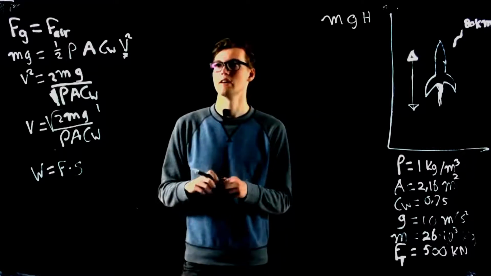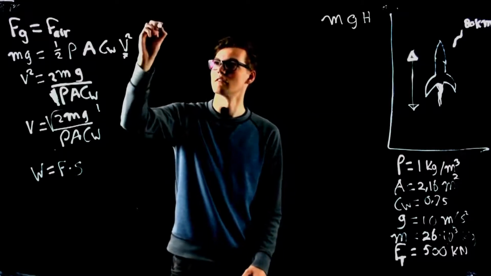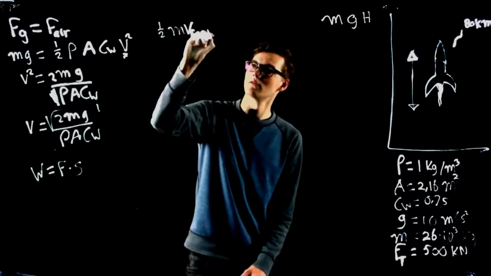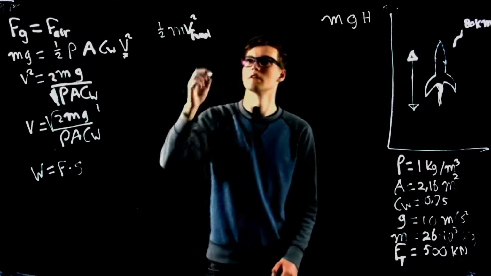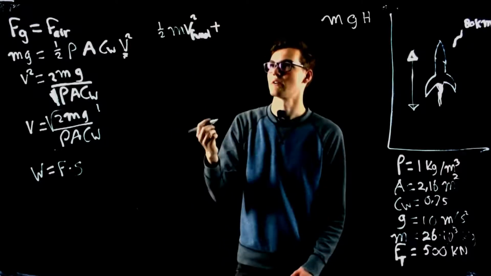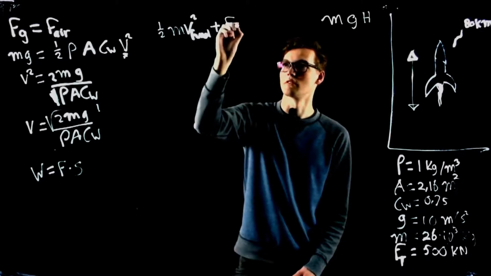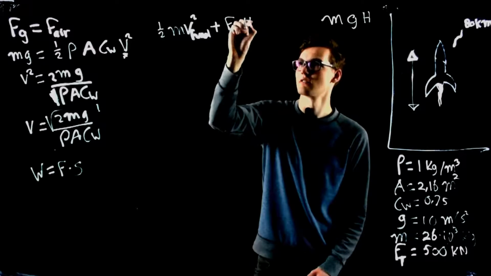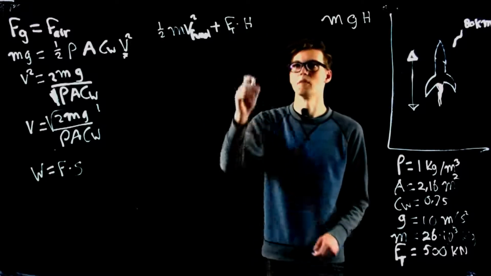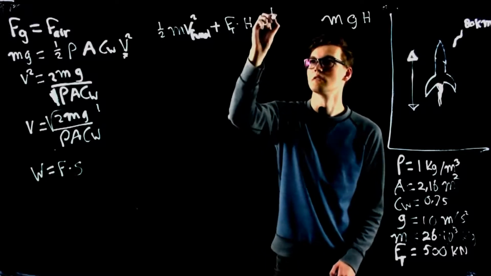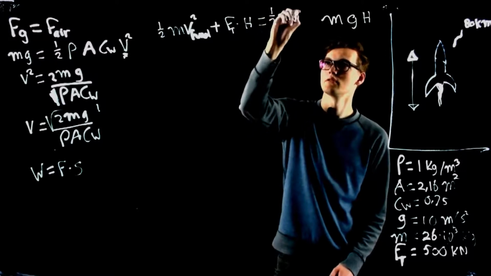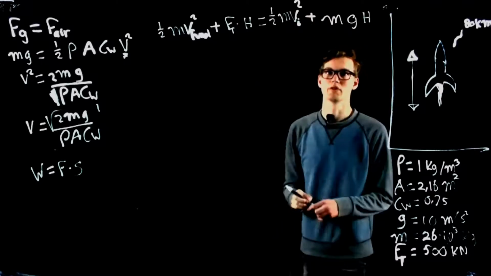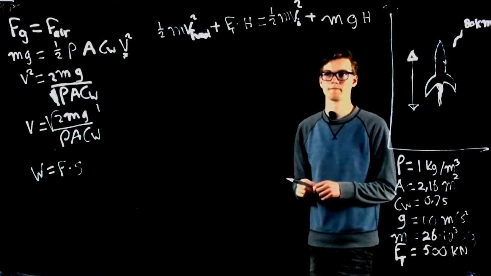So what we're going to say is that the final speed squared plus the work done by the rocket, which would be F, the force of the rocket, which is the thrust, times the height at which it starts firing, is equal to the initial speed squared plus the potential energy of the booster.